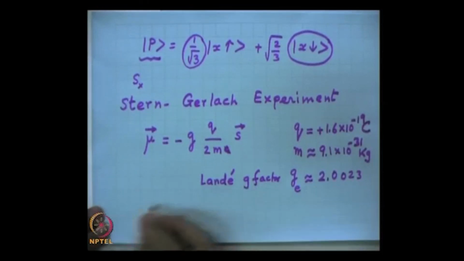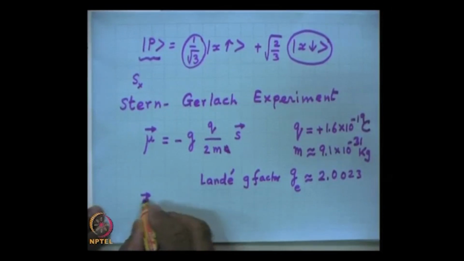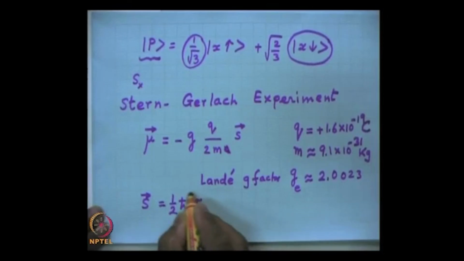So, s, the spin angular momentum operator for the electron, this is a lowercase s, is equal to half h cross sigma, where sigma x, sigma y and sigma z are the Pauli spin matrices that I have just now written down.